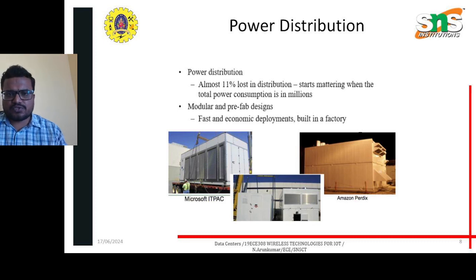And next is power distribution. Without any power supply to the data centers, they may not operate, because we are going to place a large amount of data in the data centers, so high power is essential.